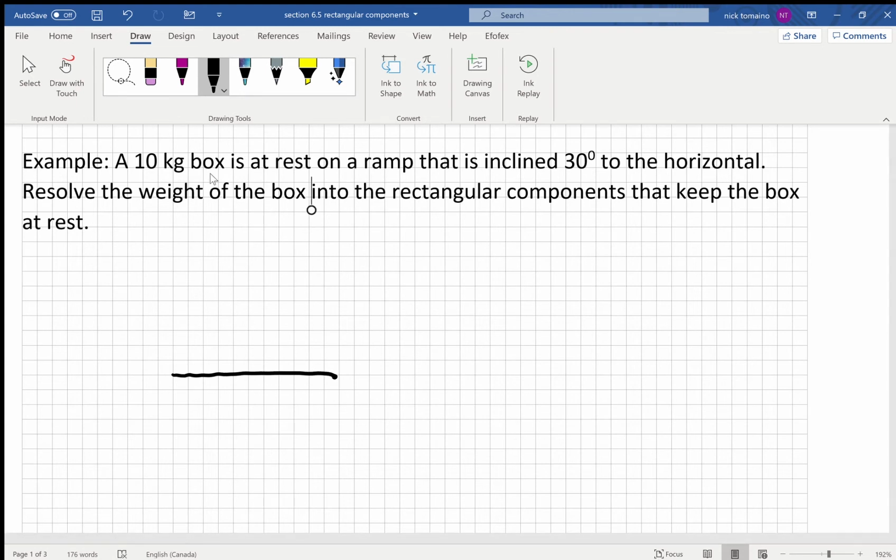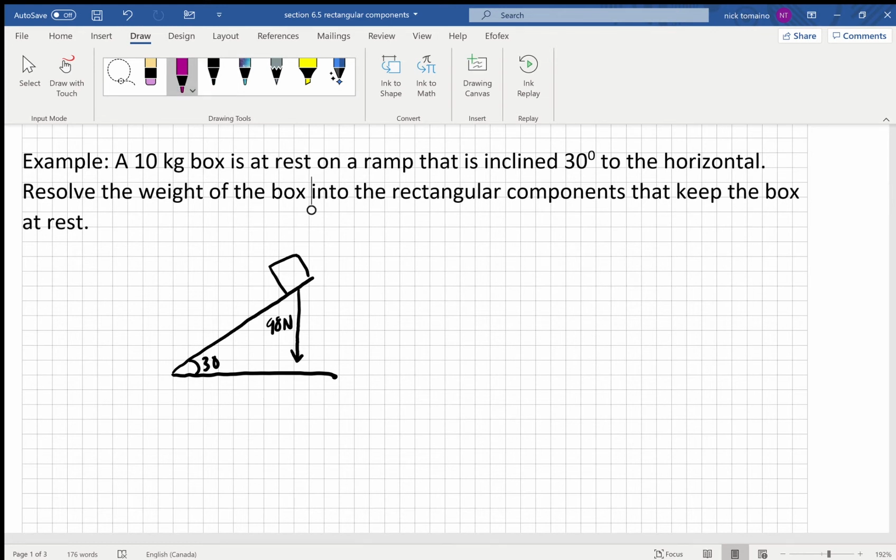We have our ramp, which is at 30 degrees, and then we have a box on top of the ramp, and then we have gravity that is pulling this down, and the force of gravity again is its mass times 9.8, so it's going to be 98 newtons.